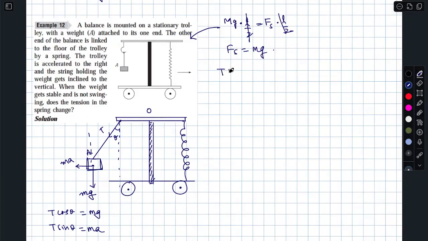Now T cos theta into L/2 is equal to T cos theta into L/2.